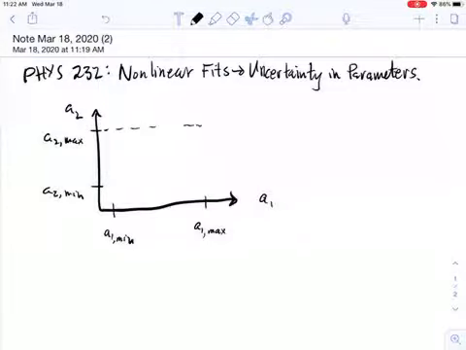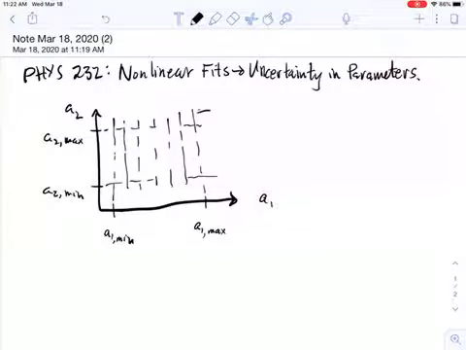And the other thing we did is we said, well, we're also going to pick a step size, and we'll set up this grid where the spacing of the grid lines is our step size. So this here would be our step size, say delta A1. And then we have a step size for A2 as well, and maybe this is delta A2.